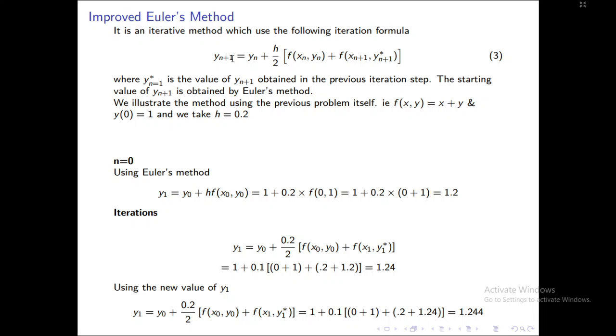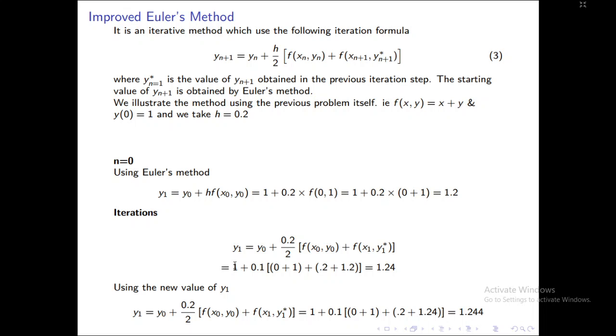So y1 is recalculated as y1 is equal to y0 plus h by 2 into f of x0, y0 plus f of x1, y1 star. Y1 star is the value of y1 obtained in our previous iteration, here obtained in Euler's method, that is 1.2.